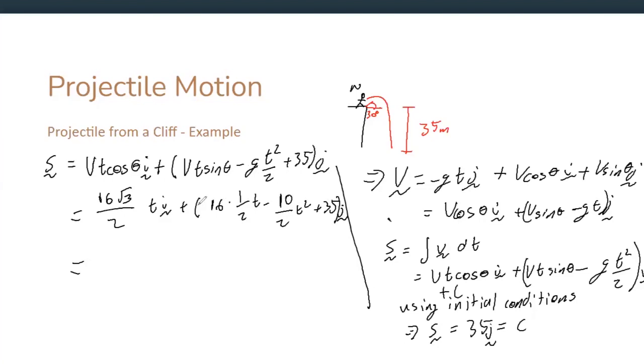So now, just going through and simplifying this a little bit more, we get 8 root 3 t i plus 8t minus 5t squared plus 35j. All right. So that is our final solution to part A, and we are done.